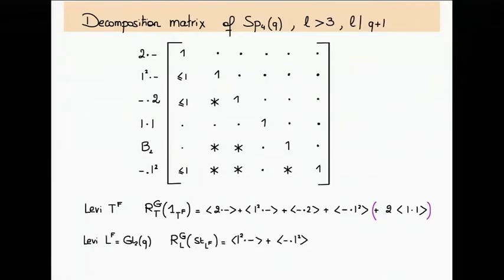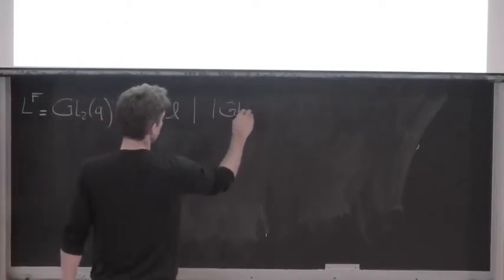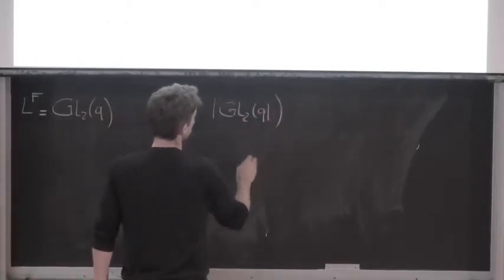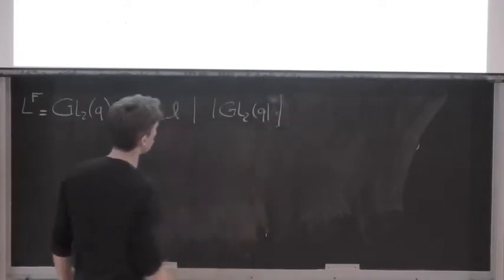Okay, let's do another Levi, GL2 now. So I'll write it here. Okay, so now what I do, I'm inducing the Steinberg. So what does it give me? So here L divides the order of GL2, if L divides Q plus 1, sorry.